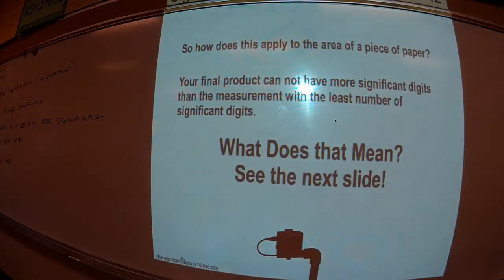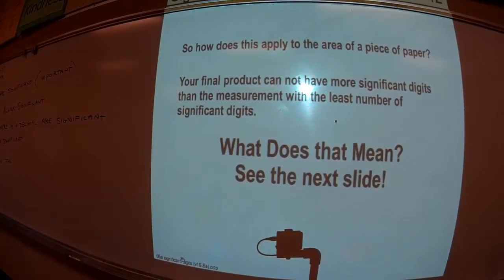I can't get better than my least significant digit. Think about it like this. On a team, you're only as good as your worst player. On a chain, you're only as strong as, you guys know these analogies? The weakest link. You should hear that. A chain is only as strong as the weakest link. Your final answer can only be as good as your least significant starting value.